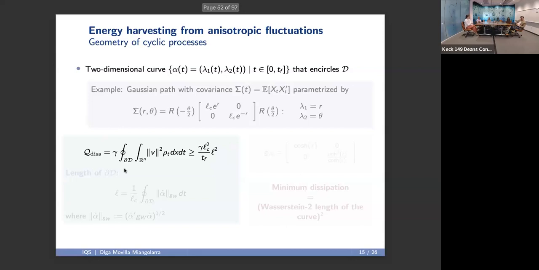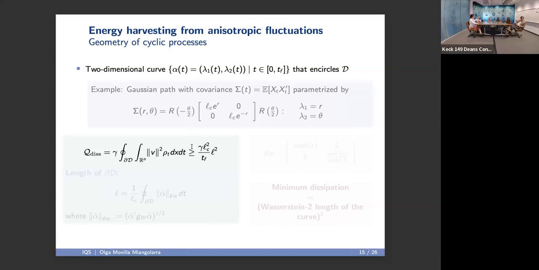Now let us look at dissipation. Dissipation again is characterized by the square norm of this velocity. As we've talked about and hinted at, this dissipative heat can, for any given trajectory, be lower bounded by a constant divided by tF times the length squared of this trajectory, with the length measured in this Wasserstein 2 metric.